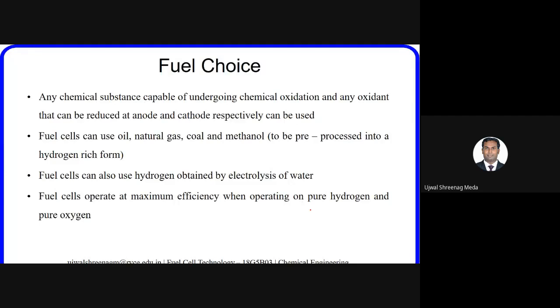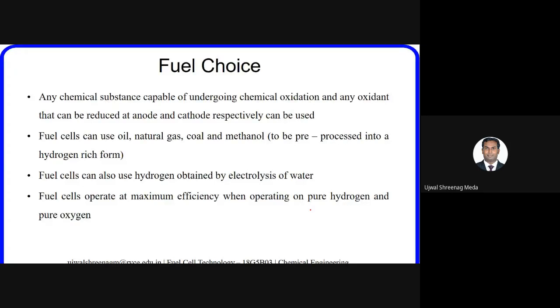Any chemical substance capable of undergoing chemical oxidation, and any oxidant that can be reduced, at the anode and cathode respectively, can be used in a fuel cell system. That is in general. Fuel cells can use oil, natural gas, coal and methanol as fuels, and that depends on the type of fuel cell as well.